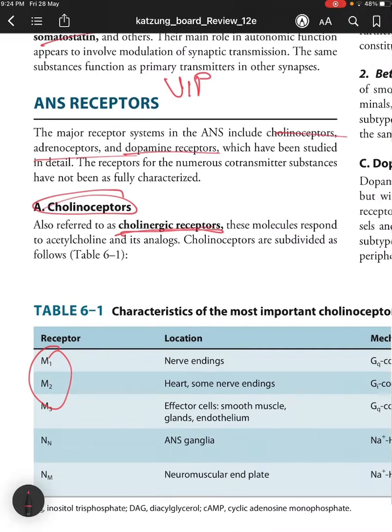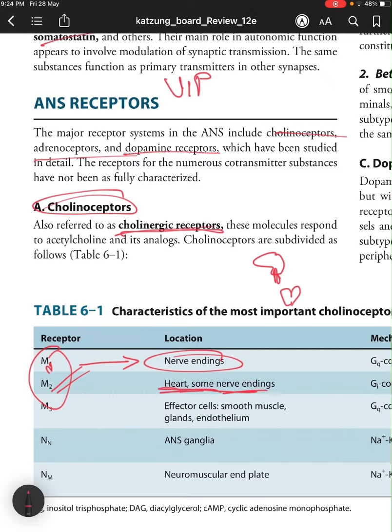Okay, you can remember it like this. We are talking about the nervous system. So M1 is found in the nerve endings. If you're talking about ANS pharmacology, our first criterion is the nervous system, so nerve endings have M1. Next, coming to M2. First you have the brain. Next, an important organ below the brain, you have the heart.